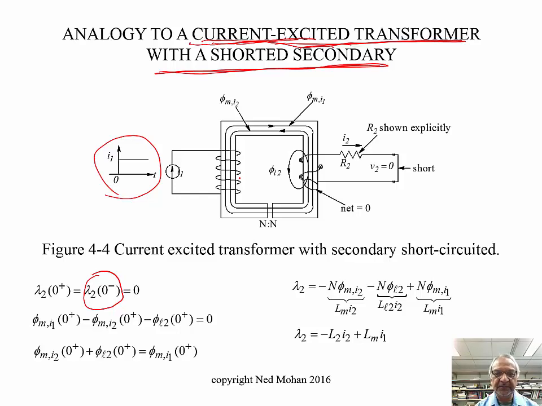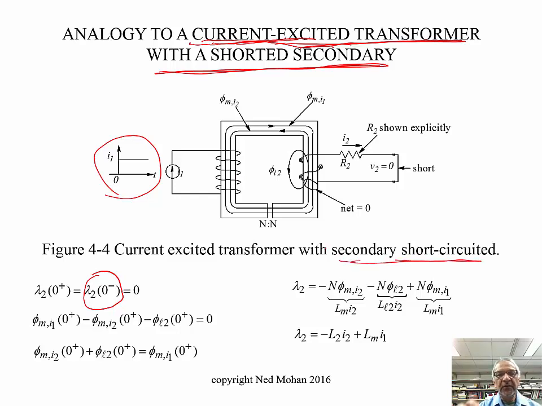That certainly is possible, right? But for now, that's really not our concern at the moment. So let's assume that the primary winding leakage is 0, and we can make this current I1 jump, as we have seen here. But coming to the secondary, that is really our main concern. It's a short-circuited secondary.